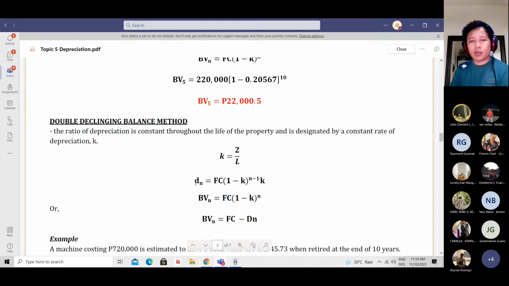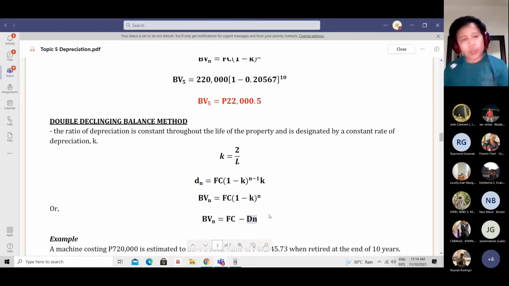You have the direct formula for annual depreciation, you have the direct formula for book value, and if the problem needs the total depreciation, just use this one. You have to solve first for the book value after solving for the total depreciation.